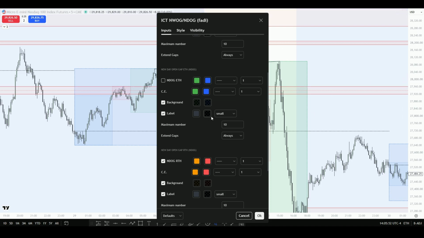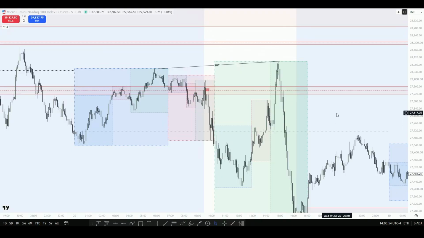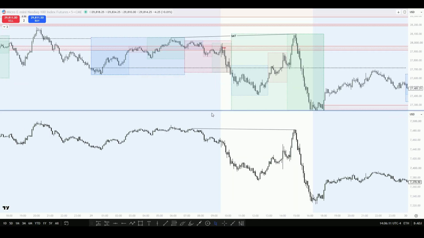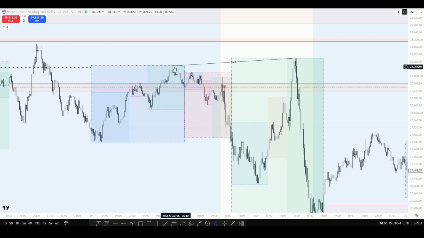So regular trading hours new day opening gaps are also important, and many times they will overlap with electronic trading hours ones, so they might be slightly bigger or slightly smaller. They're just as important as the other ones. Now see this setup here between accumulation and manipulation.